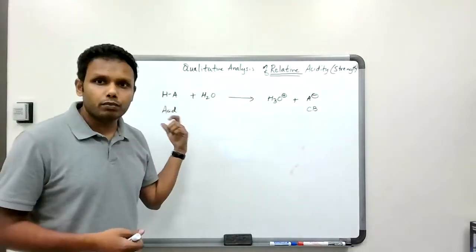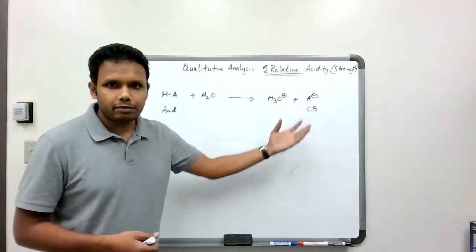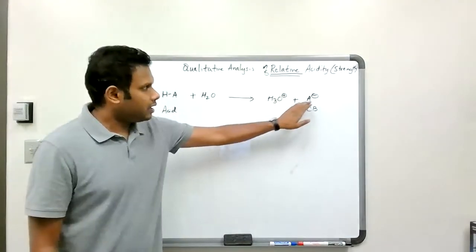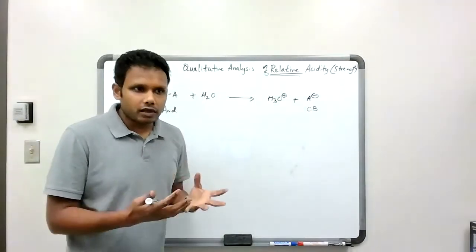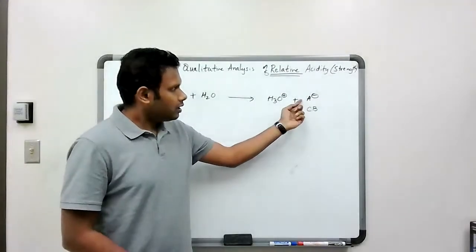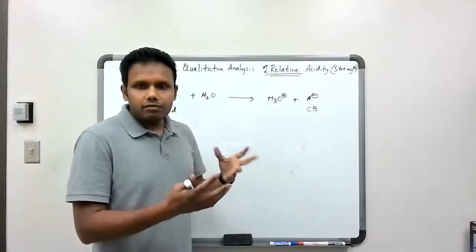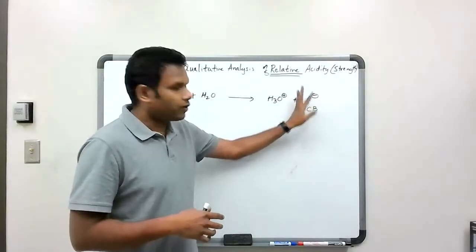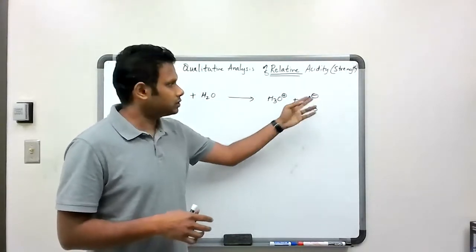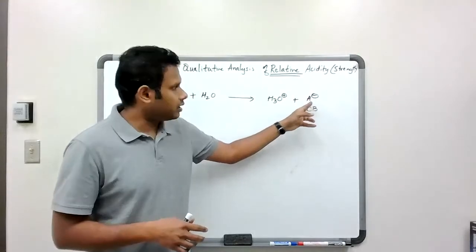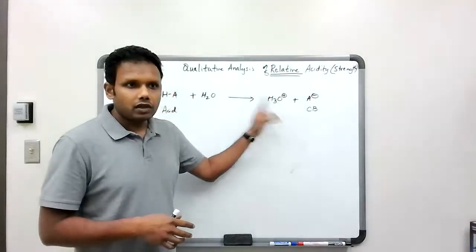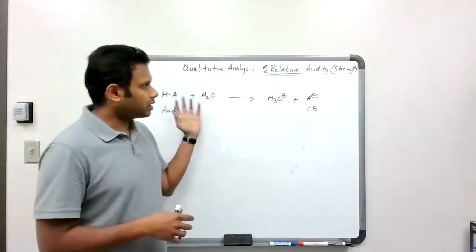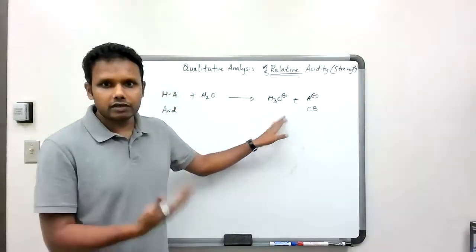It would just like to go back because it's not happy, it's unstable. On the contrary, if A minus is stable relative to something else, it is relatively happy existing with a negative charge, and it would be okay with not grabbing that proton. That means HA can lose the proton and become A minus.